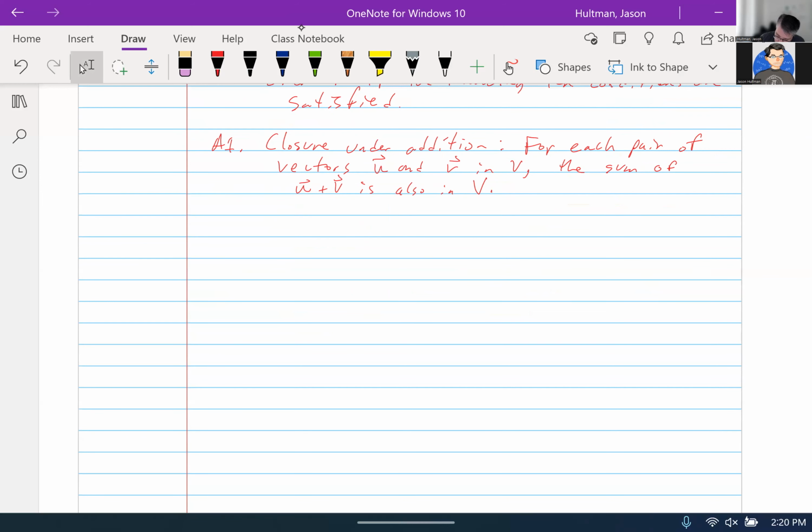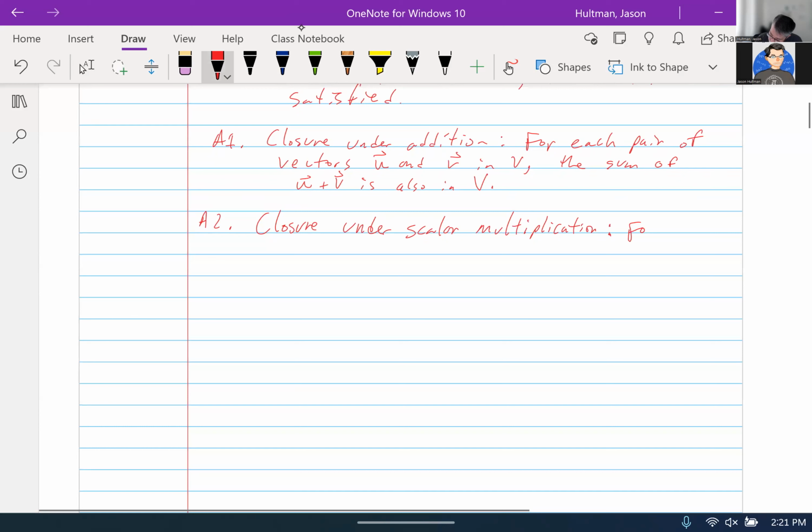A2 is closure under scalar multiplication. If I multiply a scalar times a vector, I should stay within the vector space.